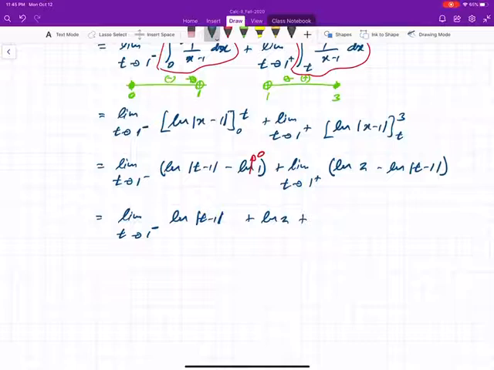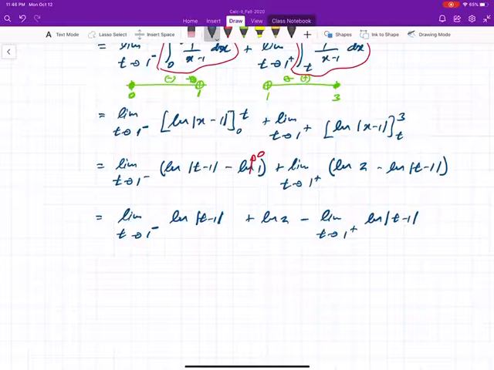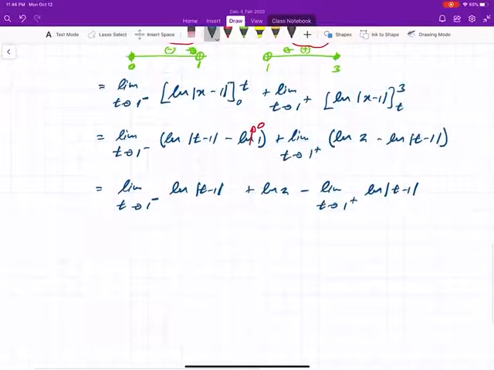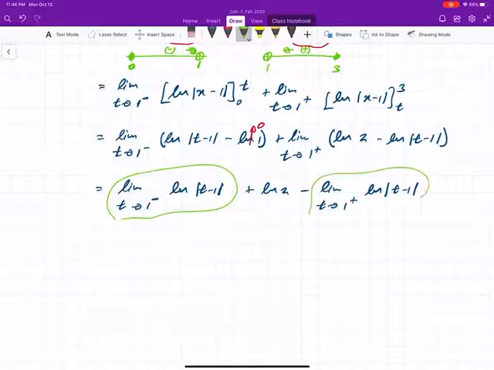And then for the rest you would write minus limit t goes to 1 from the positive side, ln |t minus 1|. Now you have to determine this and that. You have to determine these two limits.